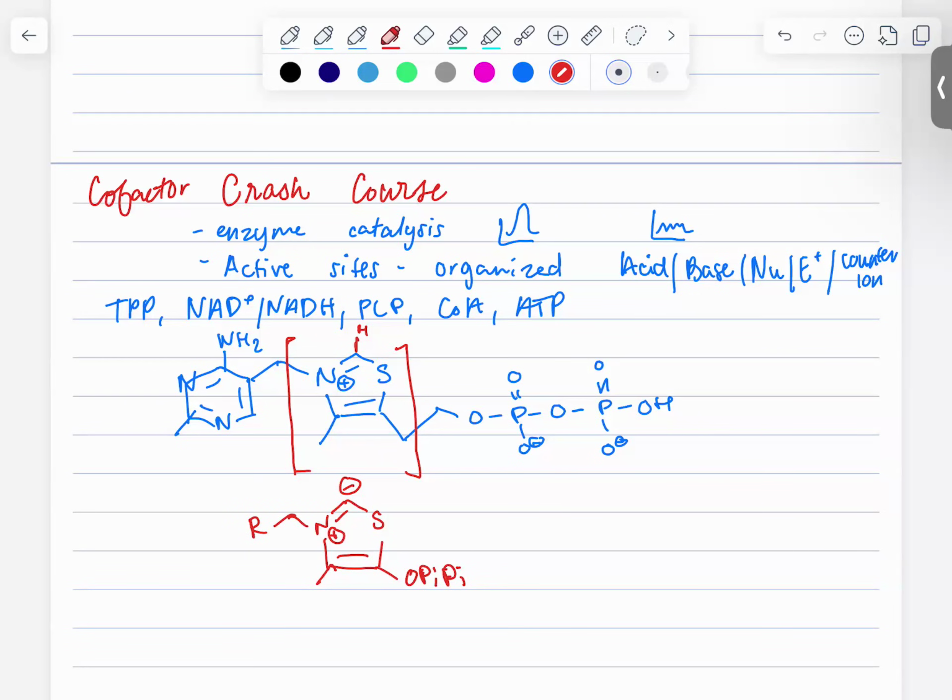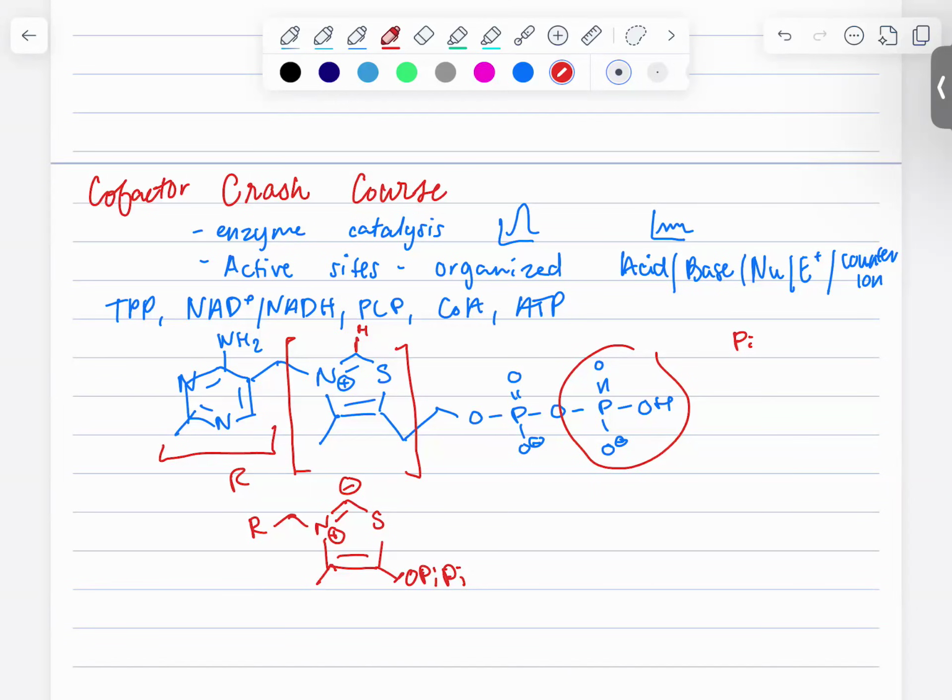And so I've modified how I draw this to kind of shorten the whole thing. When you see Pi, that is an inorganic phosphate, it basically means this part. And then I've just turned this whole part into an R group. That way we can focus on the part of the molecule where our chemistry is really happening. The reason that we can draw it abbreviated like this is our resonance forms will only ever be localized to this ring.